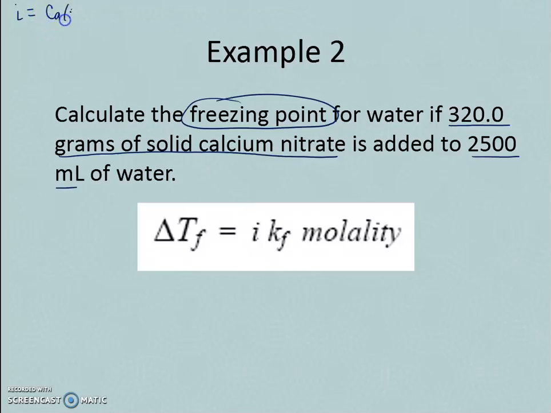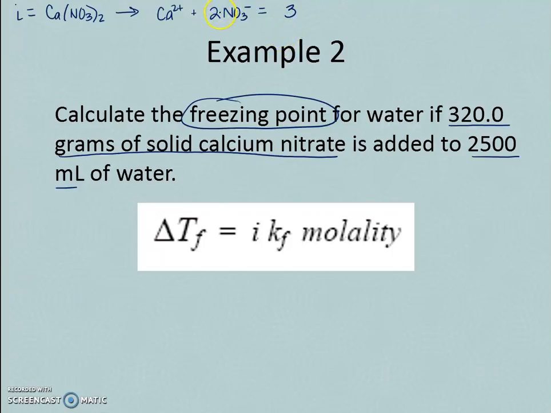It becomes aqueous when it's put into water. Remember your solubility rules. It breaks apart into one calcium ion and two nitrate ions. So 1 plus 2 gives us 3. That's our Van't Hoff factor.